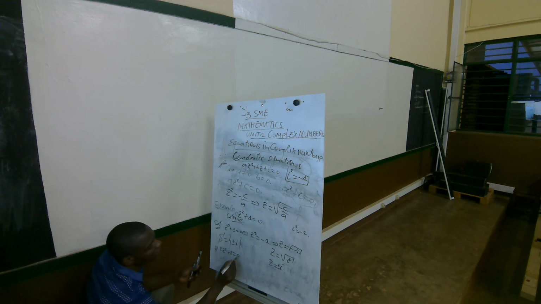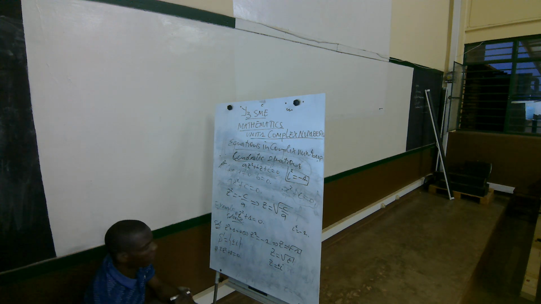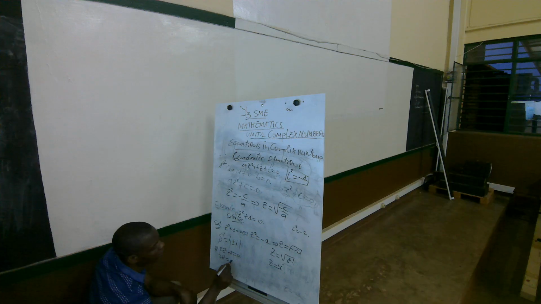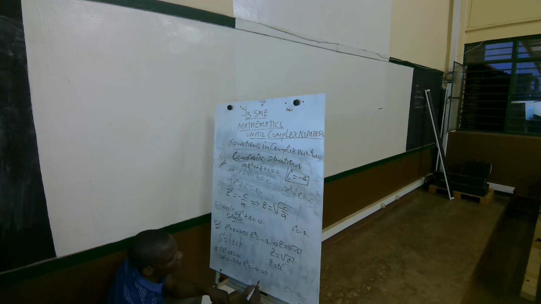Another one we can try, the second one: 2z squared plus 8 equal to 0. We can solve this in the set of complex numbers. We say that 2z squared is equal to negative 8, which is equivalent to z squared equal to negative 4. So z is equal to plus or minus the square root of negative 4.